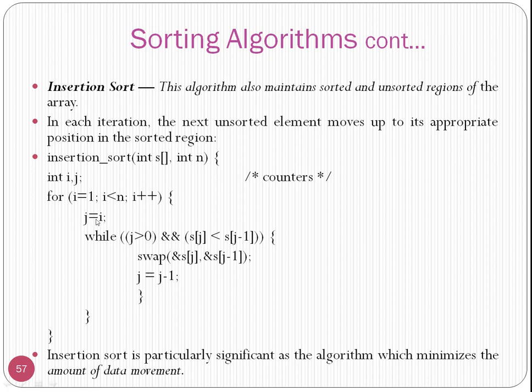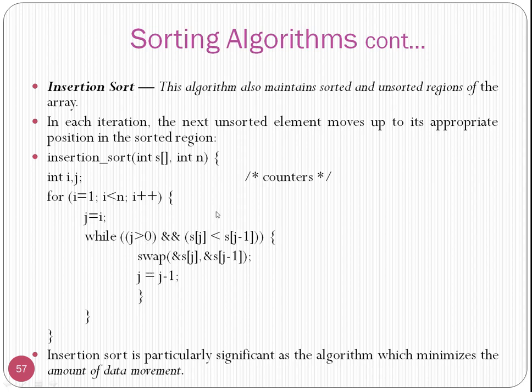First we assign the value of i to j, that is j equal to i, and in the while loop we check whether j is greater than 0, and logical and, s[j] is less than s[j minus 1].